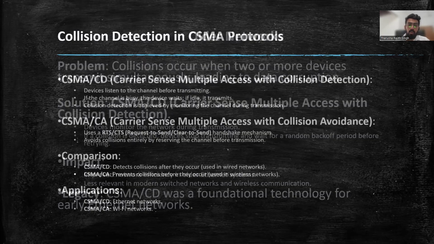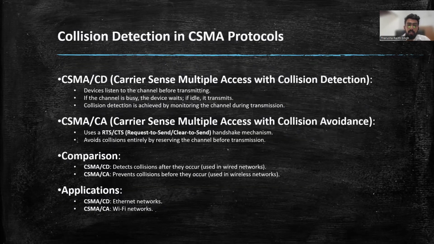Okay, so now let's discuss collision detection in CSMA protocols. CSMA-CD, that means carrier sense multiple access with collision detection, is used in wired Ethernet networks. It allows devices to detect collisions and manage retransmission.